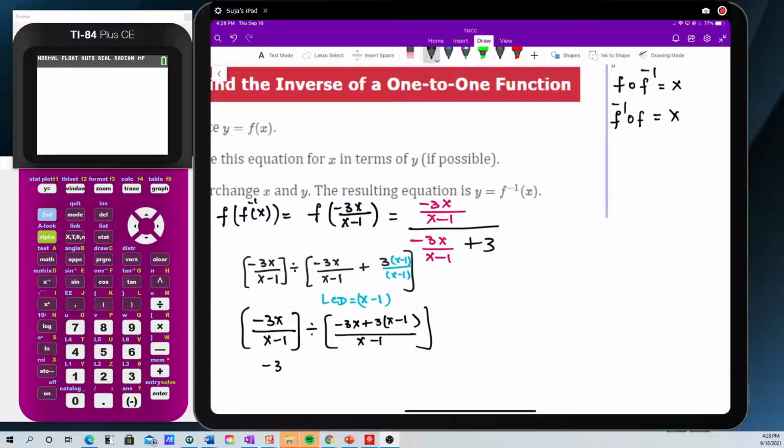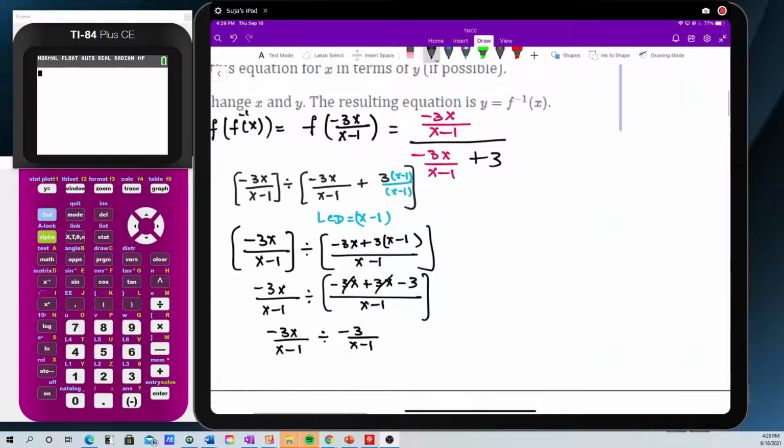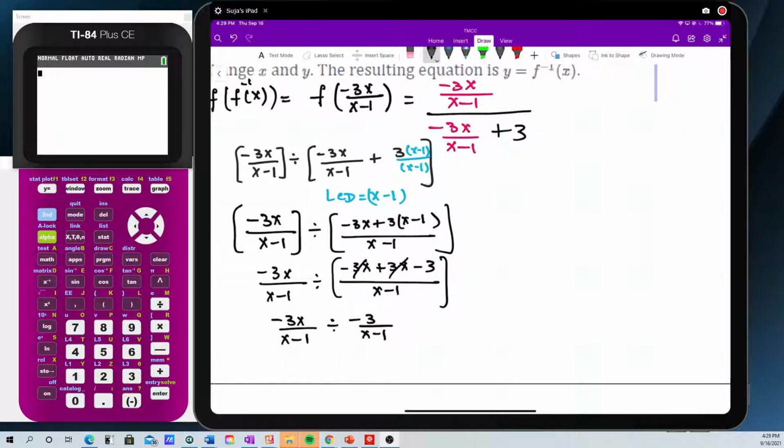If I distribute the numerator, negative 3x plus 3x minus 3 over x minus 1. The 3x and the 3x cancel. I have negative 3x over x minus 1 divided by negative 3 over x minus 1. Flip over and multiply: negative 3x over x minus 1 times x minus 1 over negative 3. The x minus 1 will cancel, the negative 3 will cancel, and I end up with x.